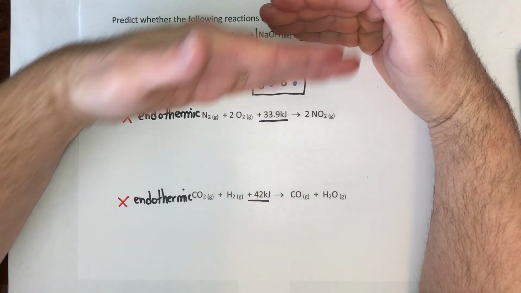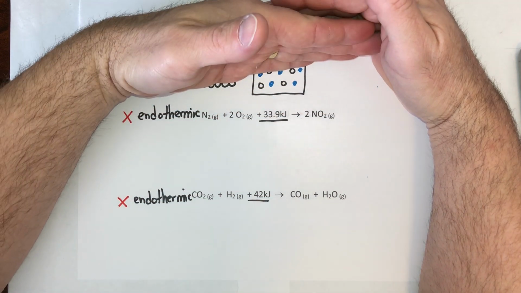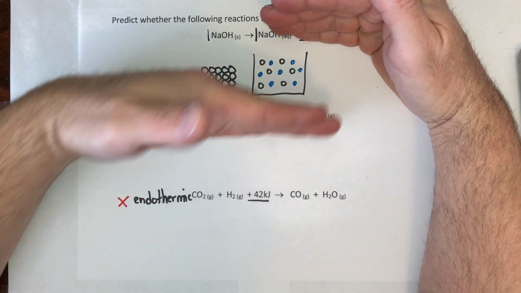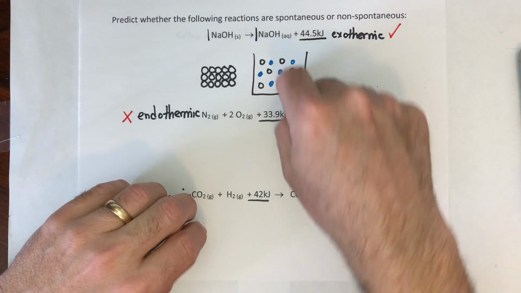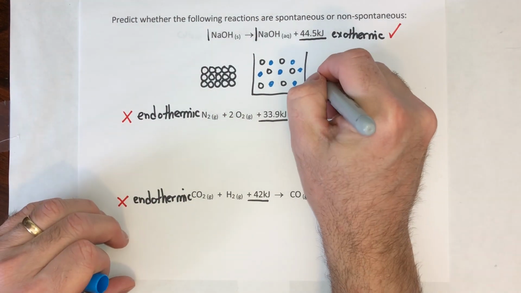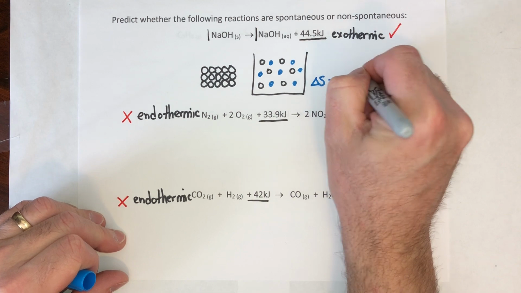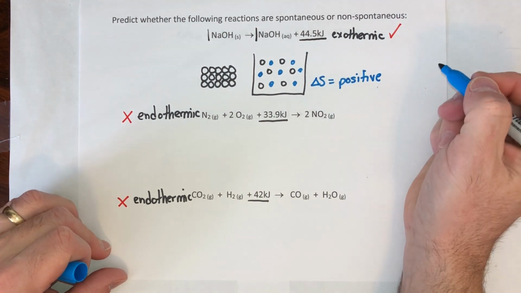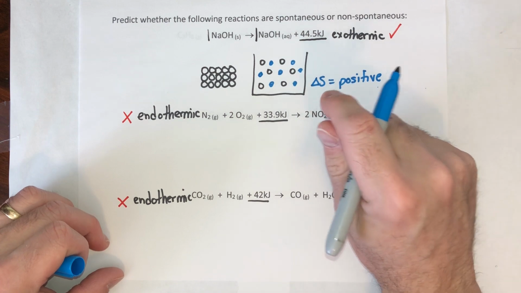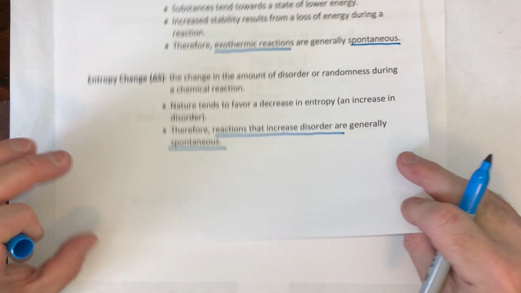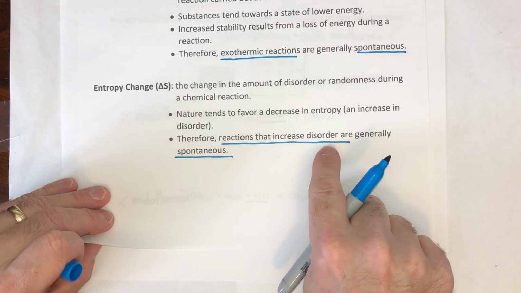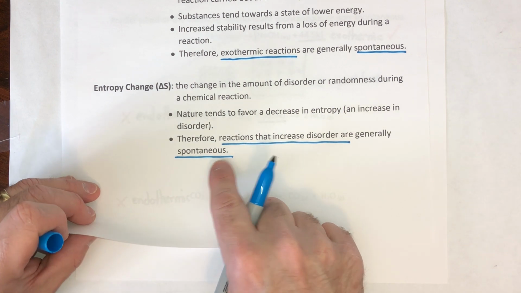That's an increase. Your change is positive. You are gaining entropy. You are gaining disorder. So for this one here, the change in entropy, delta S, is going to be positive. You are increasing the amount of disorder. And we said just a minute ago that if you increase disorder, you tend to be spontaneous.